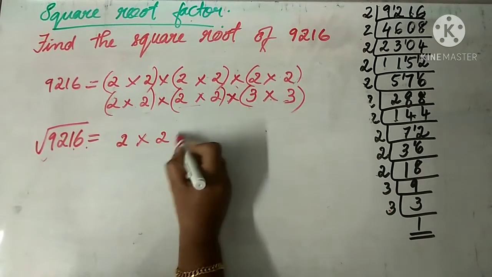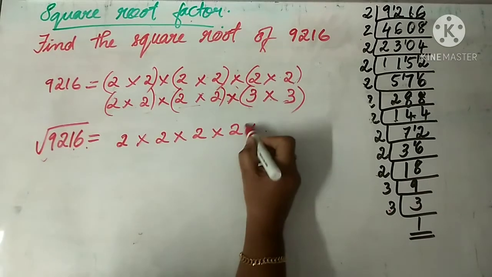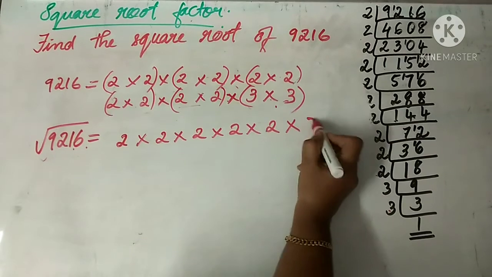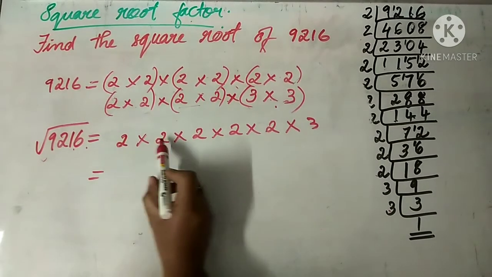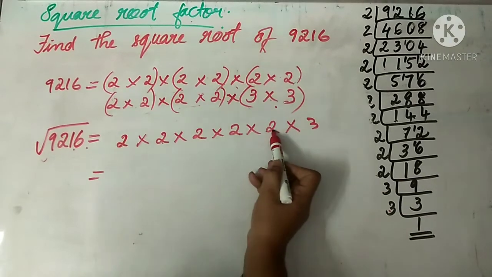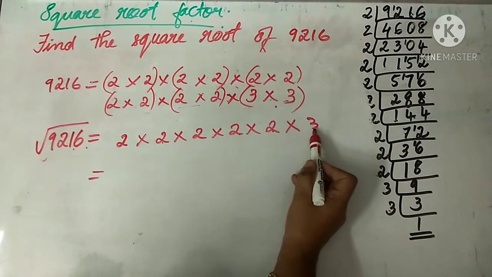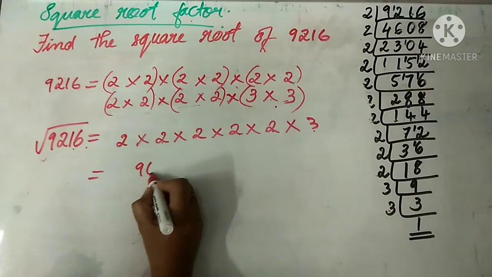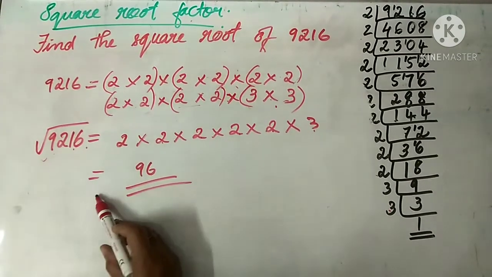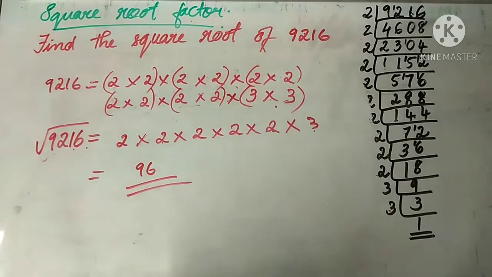So 2 into 2 into 2 into 2 into 2, then into 3. So the answer: 2 2's are 4, 4 2's are 8, 8 2's are 16, 16 into 2 is 32, 32 into 3 is 96. The square root of 9216 is equal to 96.